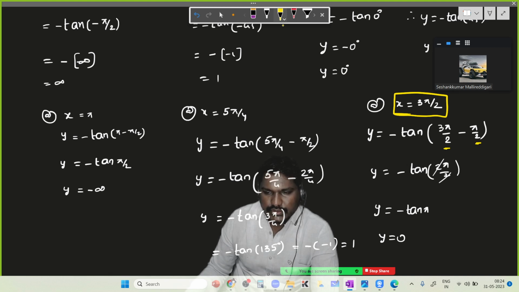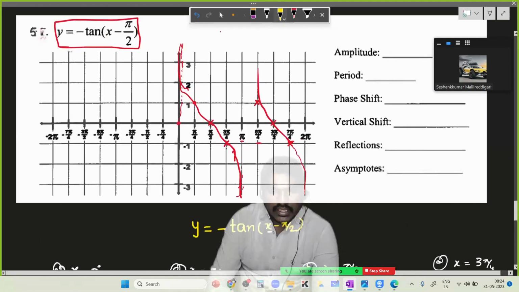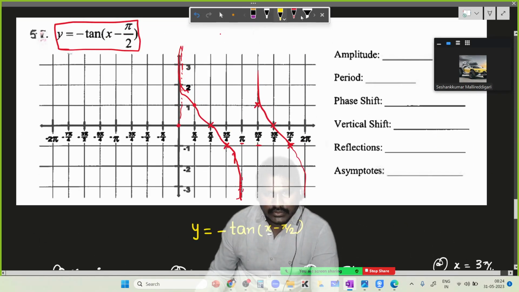Here the 2 and 2 get cancelled, and it will become minus tan pi. And tan pi is 0. So y is equal to negative of 0, which is 0. That means at x is equal to 3 pi by 2, the function value is 0. So I'll just mark it here.